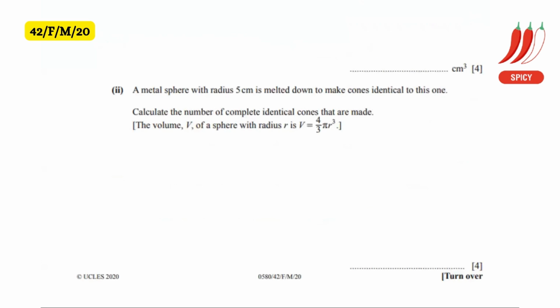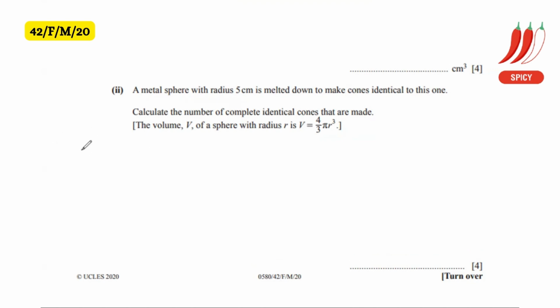Then it says a metal sphere with radius 5 centimeters is melted down to make cones identical to this one. Calculate the number of complete identical cones that are made. The volume of a sphere with radius r is V equals 4/3 pi r cube. The volume of the cone is not going to change, so we can use it to find the number of complete identical cones.